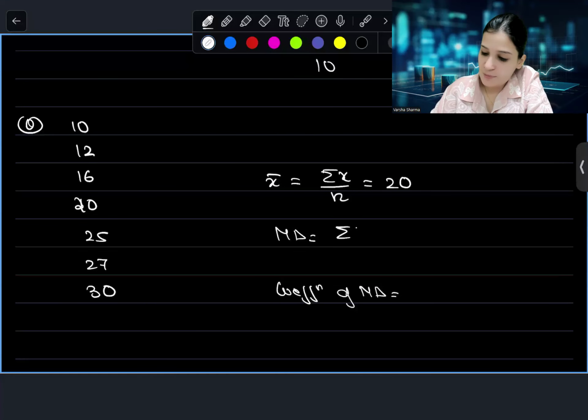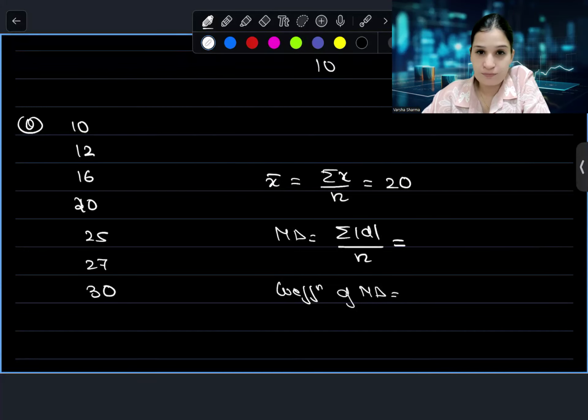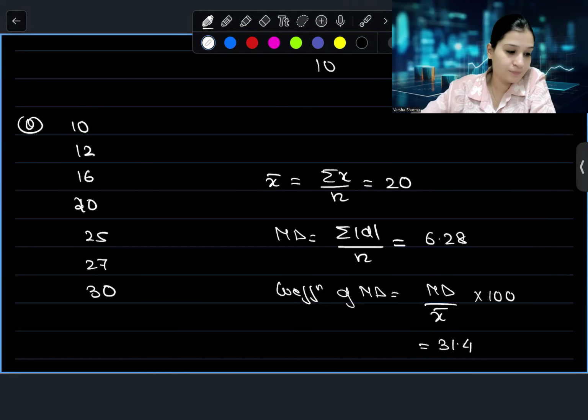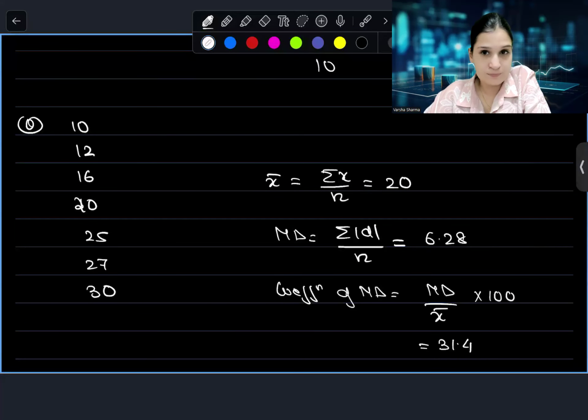Mean deviation: sum of absolute deviation by number of observations, 6.28. Coefficient: mean deviation by mean into 100, 31.42. Clear? Yes, ma'am.